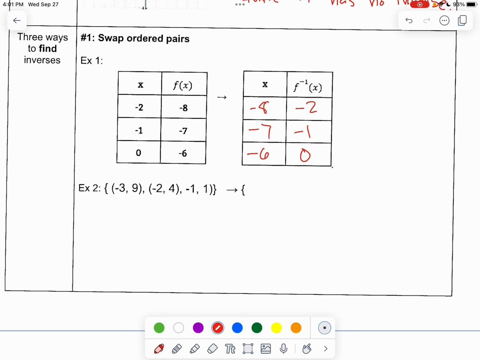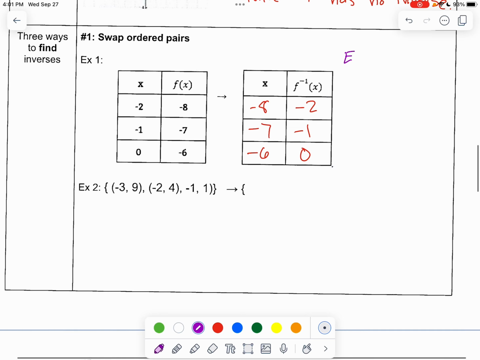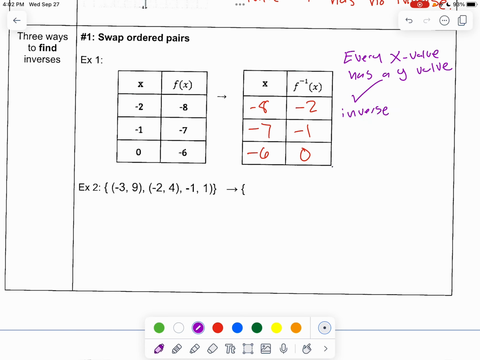So if you look at every x value, you don't have the same x going to different places like what we talked about earlier. So this one is an inverse. And we're good.